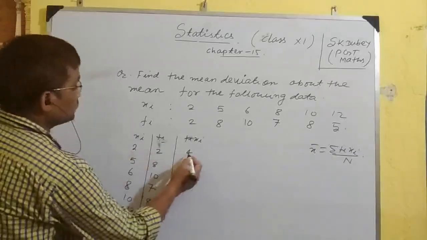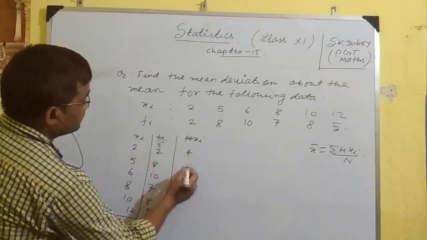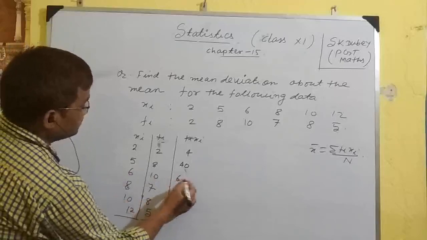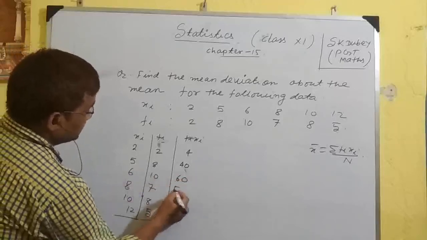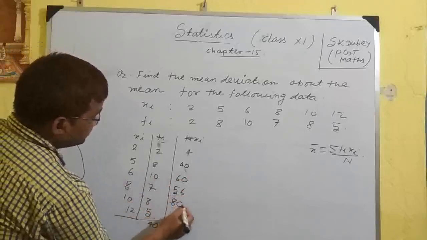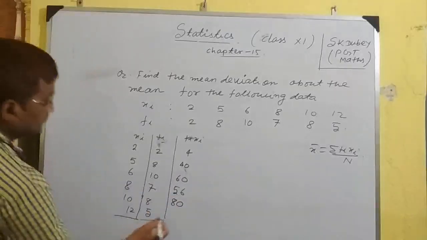fi xi is 2 times 2, that is 4, 8 times 5 is 40, then 60, 56, 80, and 60.